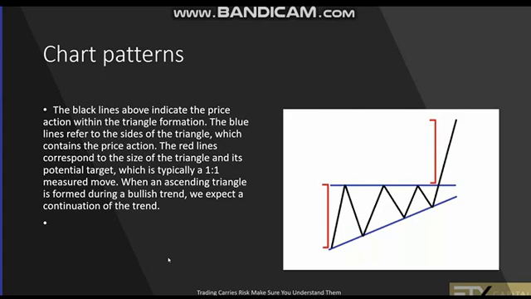When an ascending triangle is formed during a bullish trend, we expect a continuation pattern. In other words, when you get the triangle and the price is moving up, we would expect, not that we will, we would expect or we would predict a bullish move because the price has been moving in an uptrend and we would expect it to continue on in an uptrend.